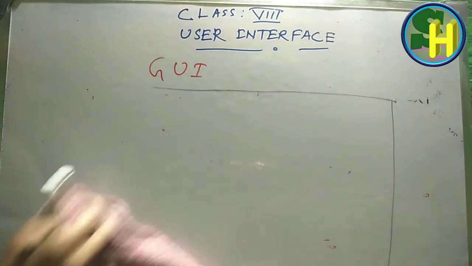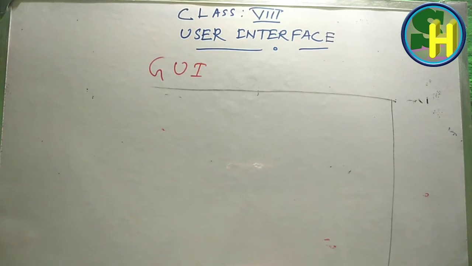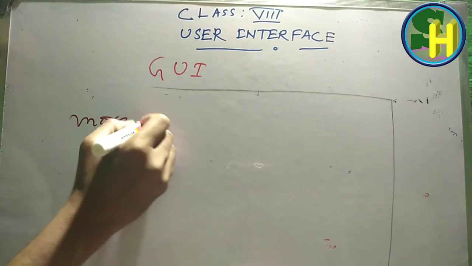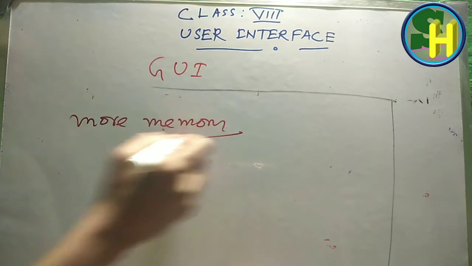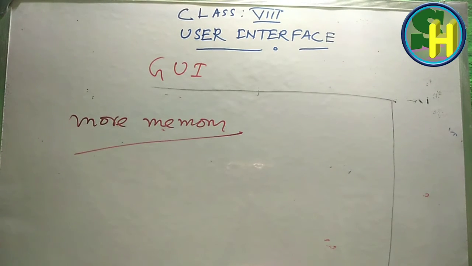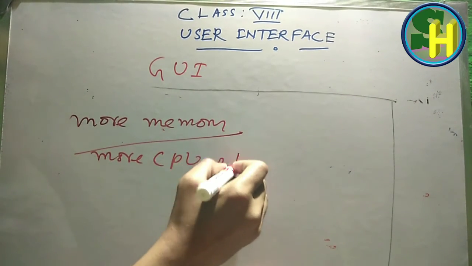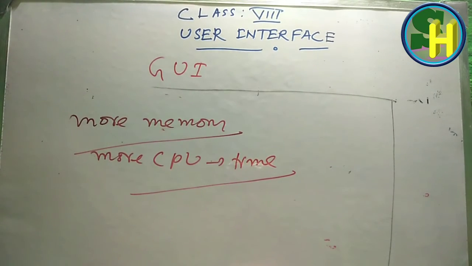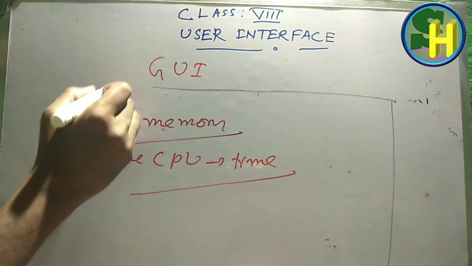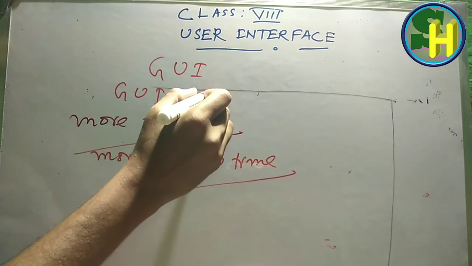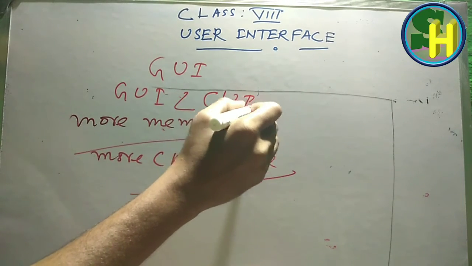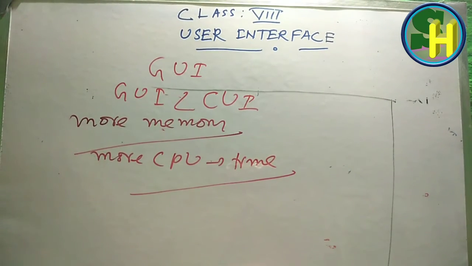Under GUI, more memory and more CPU processing time are required, and it is also slower than the character user interface to execute a specific task.